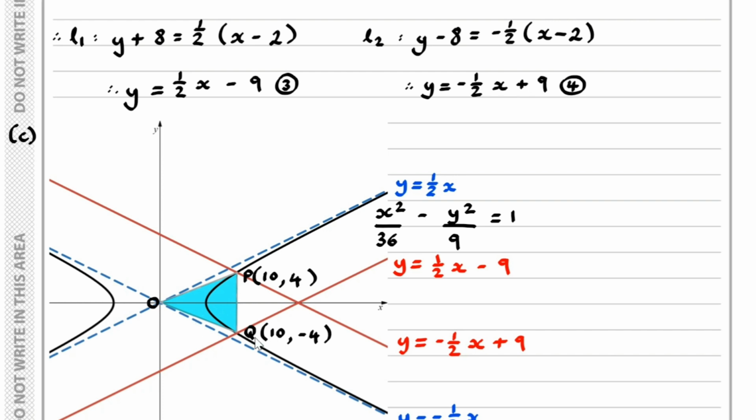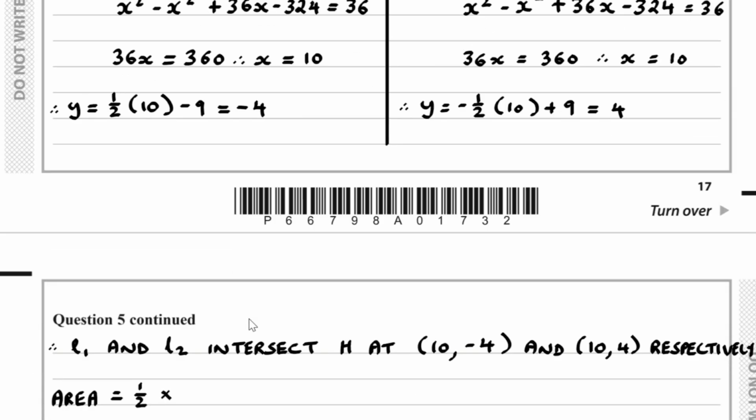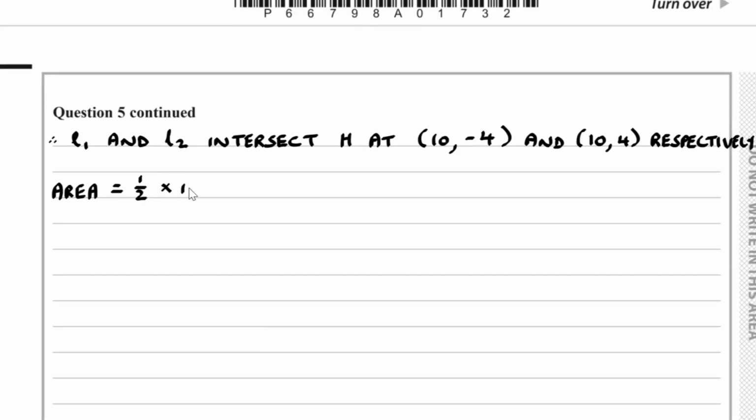The length here is 10. So we've got 1/2 times by 10 times by 8, which is 40 units squared. So this is the required area.